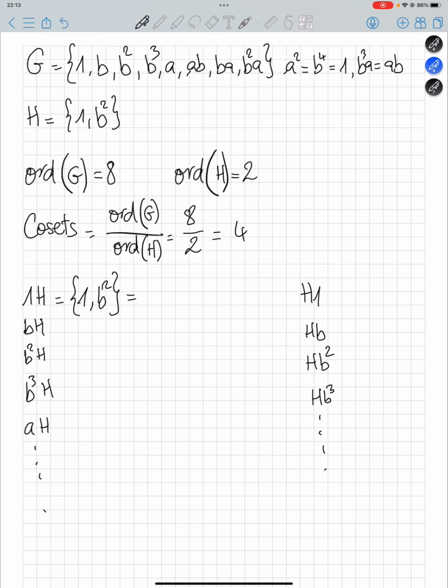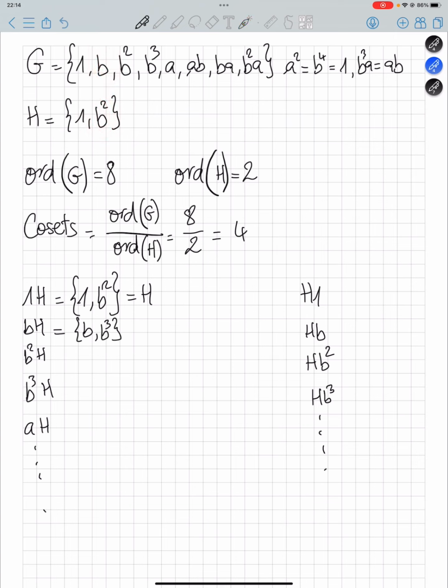Now this is basically H. As you can see, identity H is the same as H, right? Now BH is, we compose B with every element of H, right? So B composed with identity is B, then B composed with B square is B cubed.